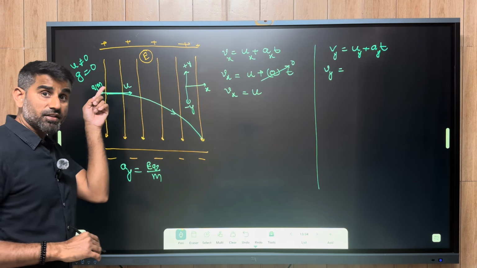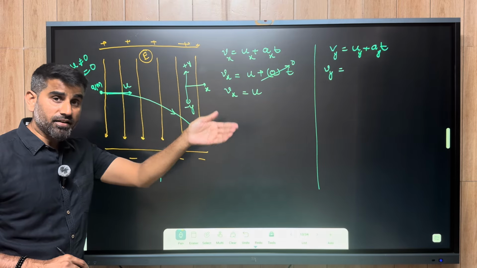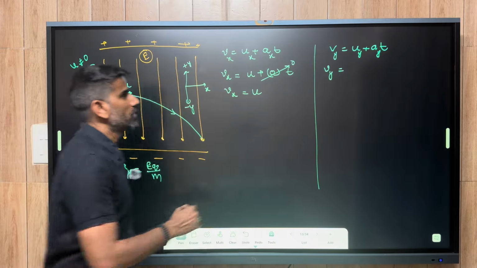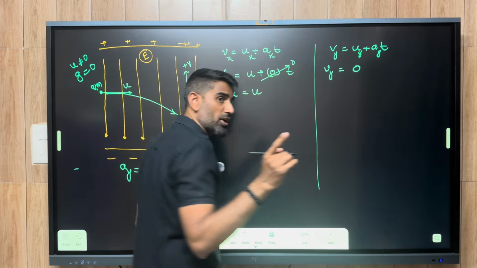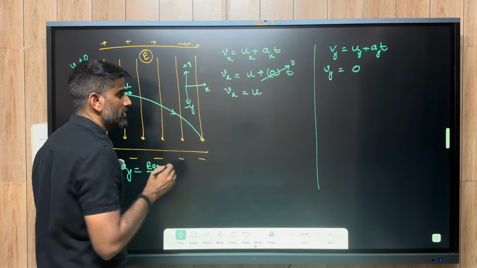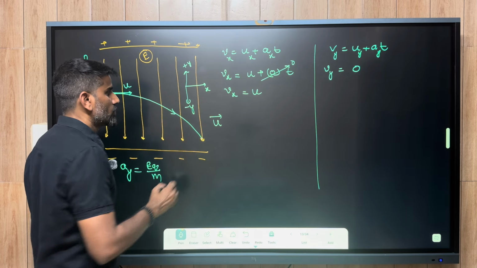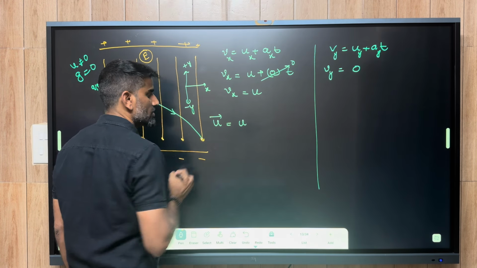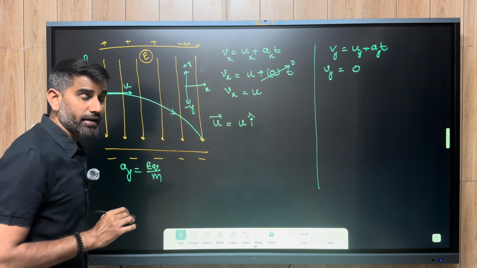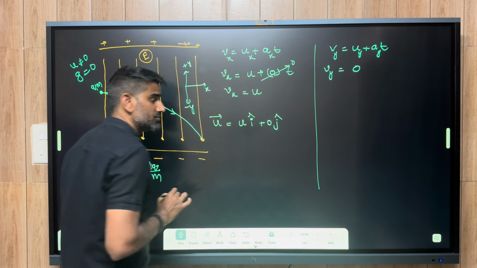As I have projected the particle in the horizontal direction, its initial velocity component along the y-axis is 0. To make you understand it even better, I am going to write the vector representation of the initial velocity. As it is projected with initial velocity u along the x-axis, its y component is 0 j cap.